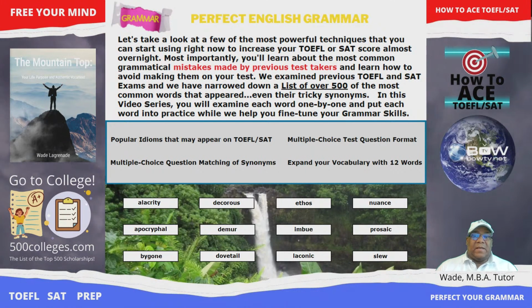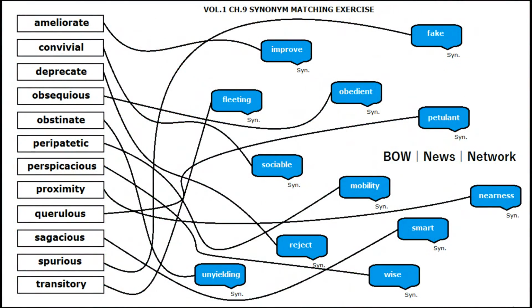With that said, let's take a look at the answer sheet from the previous chapter 9. Here we have the revealed answers for our previous vocabulary set. We start with ameliorate, whose synonym would be improve. Deprecate, whose synonym would be reject, and then obstinate would be unyielding.